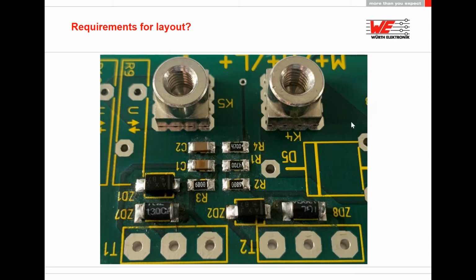Then we need proper layers to transfer current on the PCB, and because of the high current flow, we need some copper around the part. We suggest to have layers 3 times wider than the part itself.